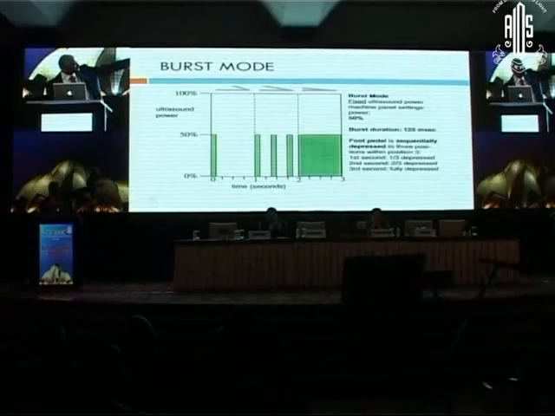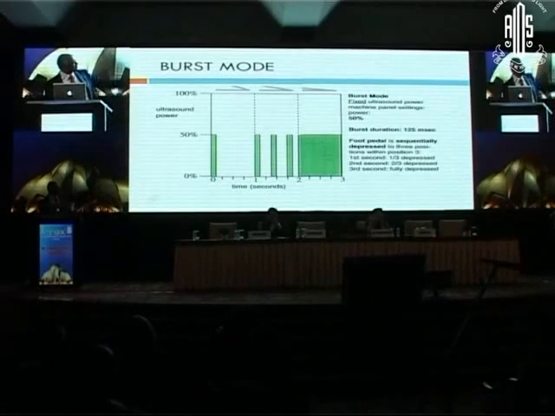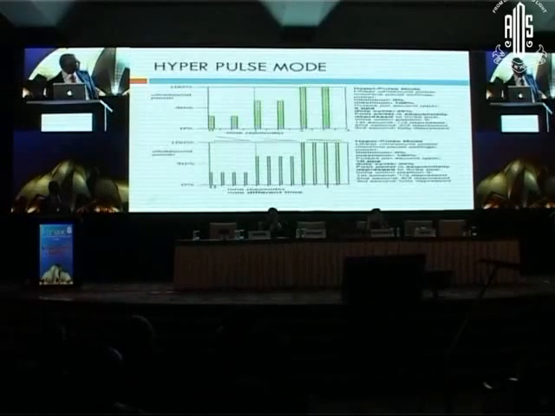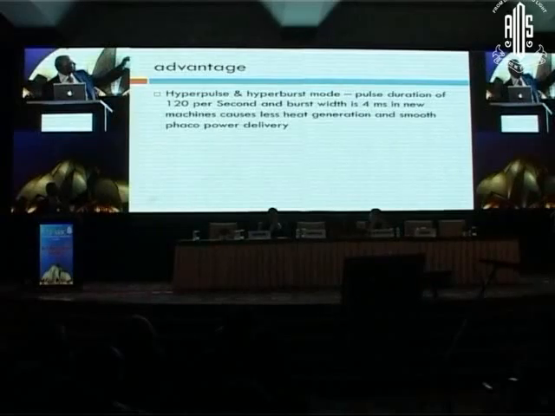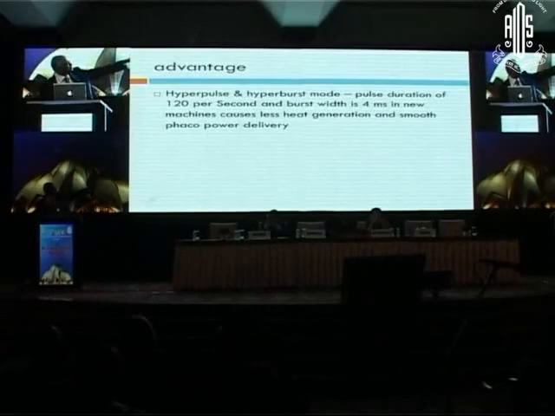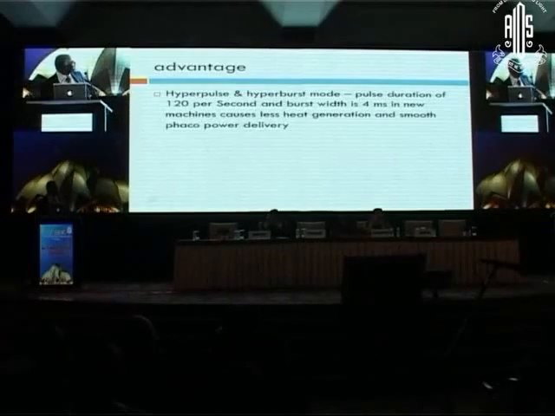You can see the maximum energy is dependent on the foot pedal pressure, and then hyperpulse, and this is the hyperpulse and hyperburst mode. A pulse rate of 120 per second and a burst width of 4 milliseconds in new machines causes less heat generation and smooth phaco power.